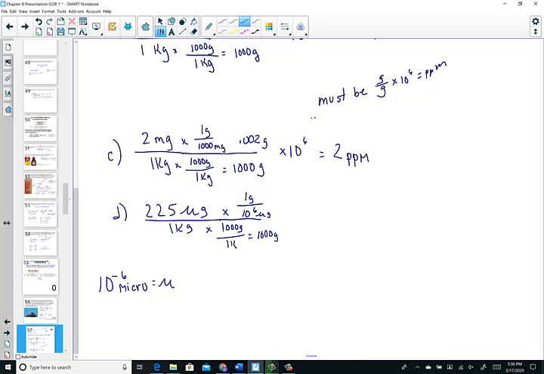So here we have 225 divided by 1,000,000. And you come up with 2.25 times 10 to the negative 4. Or maybe your screen is reading 0.000225. That's the same number.